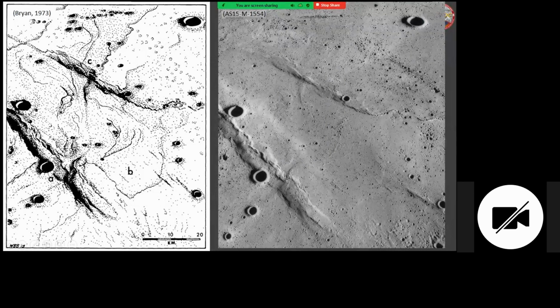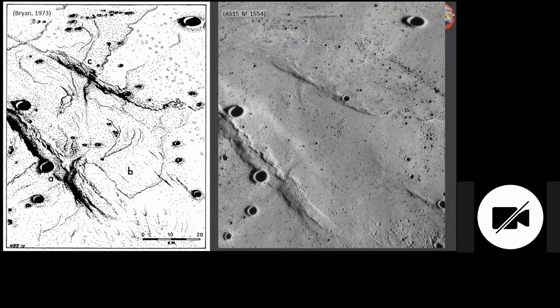So Brian in 1973 proposed that these flows occurred and essentially broke through the wrinkle ridges. And many papers published recently that are focusing on the lava flows, not essentially the wrinkle ridge, essentially agree with that, and so they kind of roll with that statement.